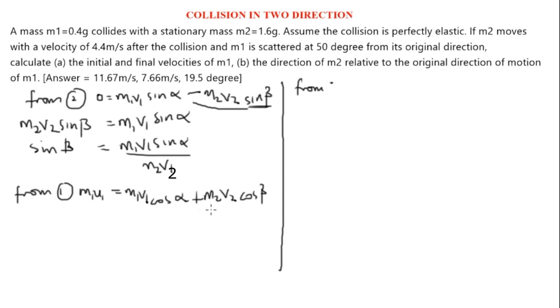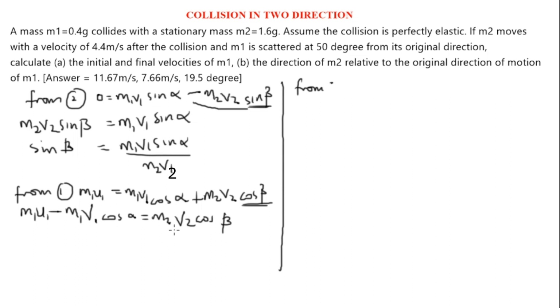We want to make cos beta the subject of the formula. So it implies that m1 u1 minus m1 v1 cos alpha is equal to m2 v2 cos beta.